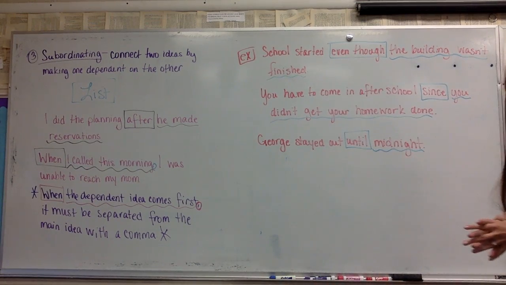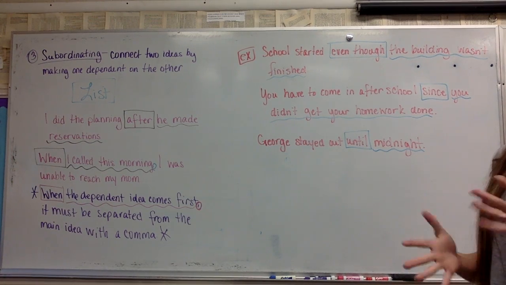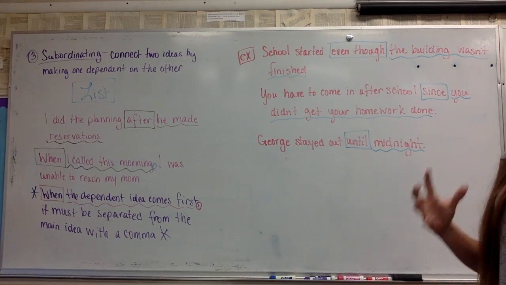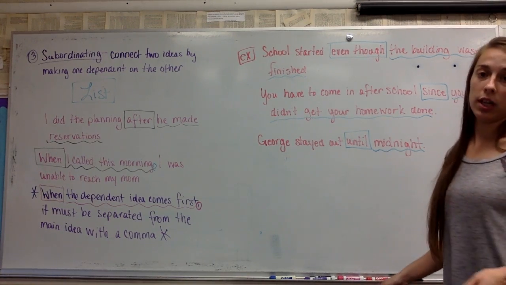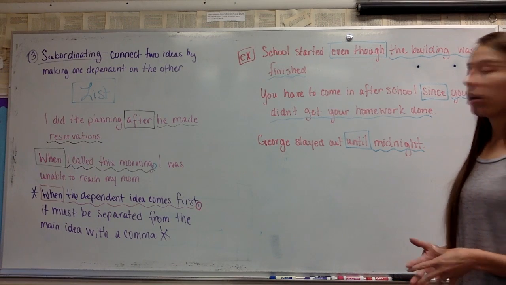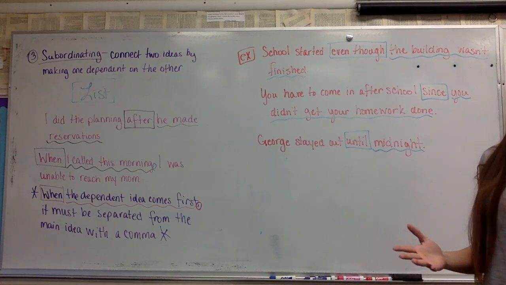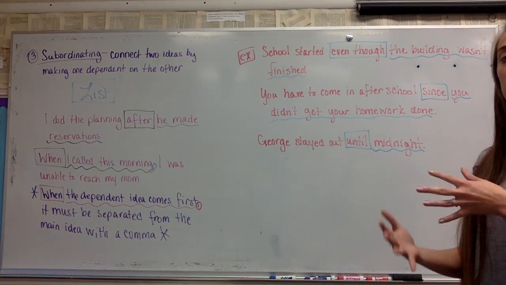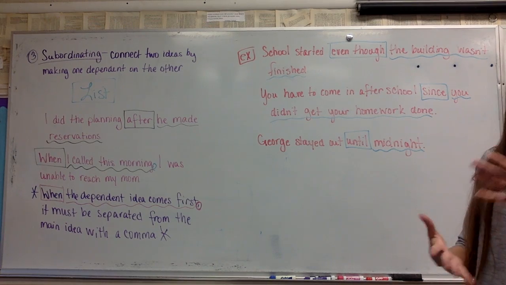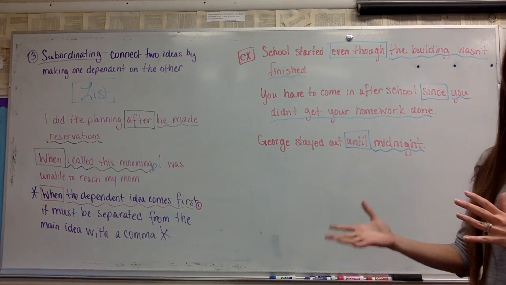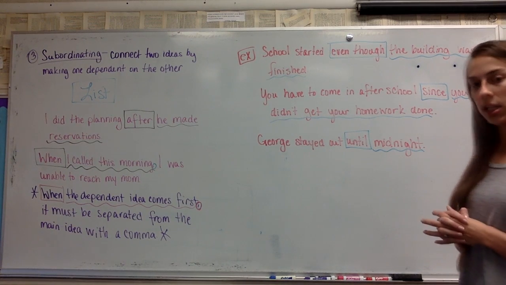Notice how some of our subordinate clauses make sense on their own. They kind of could stand on their own, but they're not the best sentences. And then others of them, like midnight, absolutely cannot stand on their own. So even though it kind of makes sense, you didn't get your homework done, that is a sentence. It is still the subordinate clause in this sentence just because it needs the rest of the sentence to make sense, and it follows that subordinating conjunction. Okay? So just realize that and be able to recognize that.